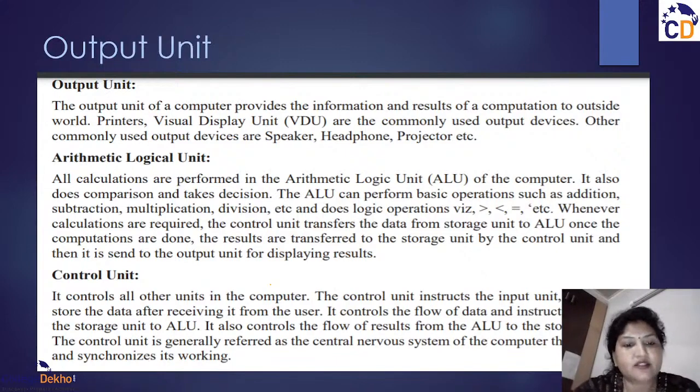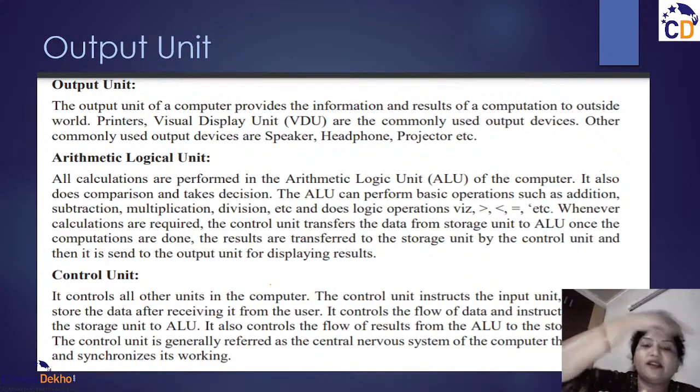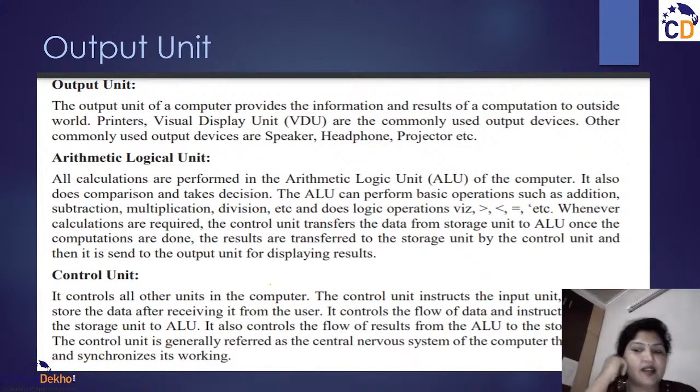The control unit is generally referred to as the central nervous system of the computer, that controls and synchronizes its working. So that's why I told you it is the main system which is controlling your input devices, storage devices and output devices, right? So this is how it works.